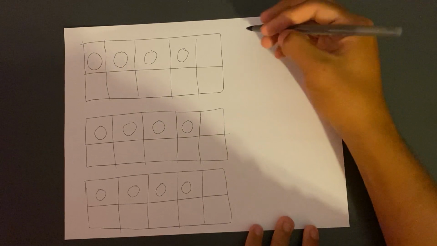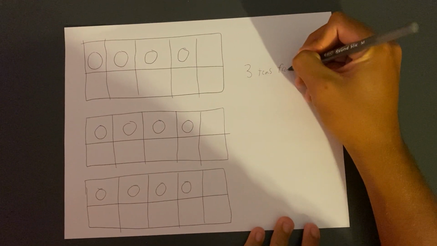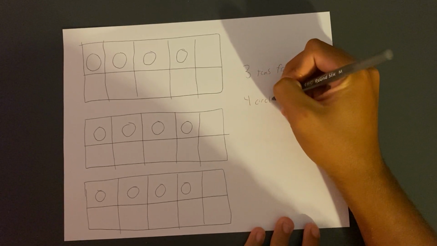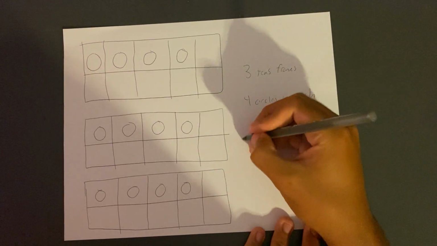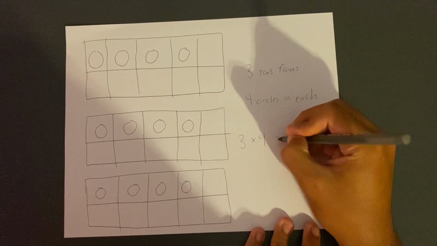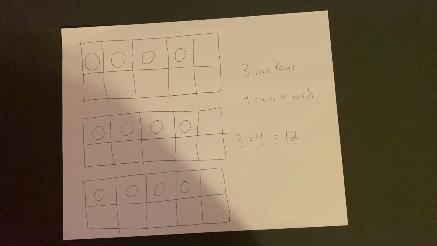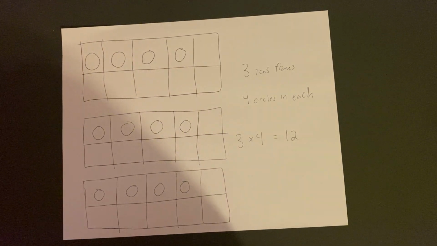So if you have 3 ten frames, all with 4 circles in each, you could say 3 times 4 equals 12. So that is the strategy that I would be utilizing for the representation stage.